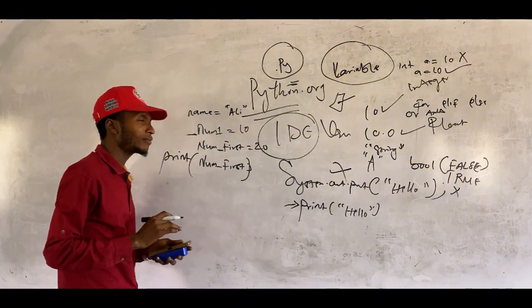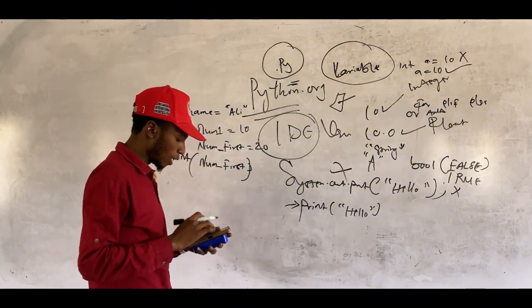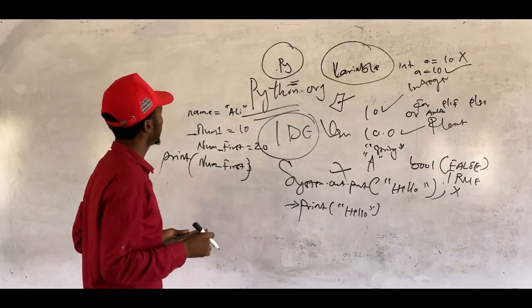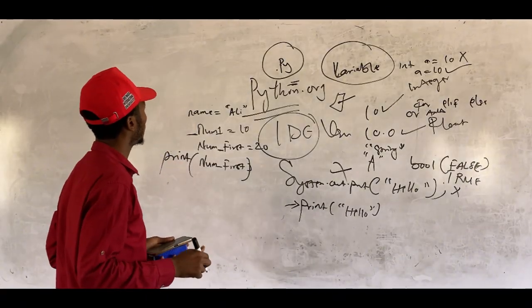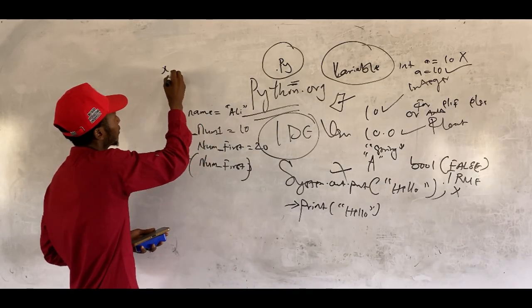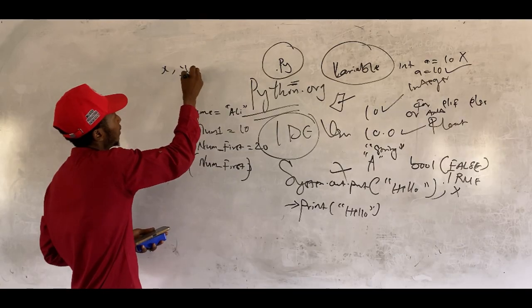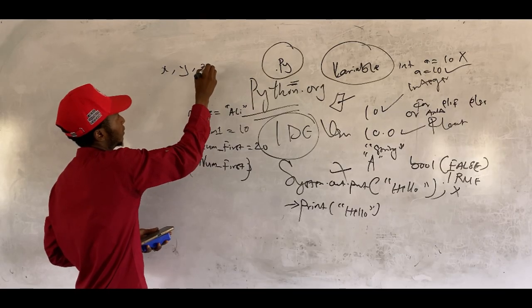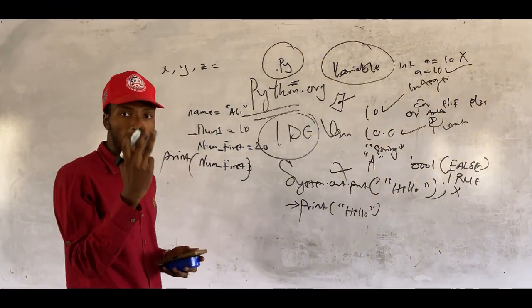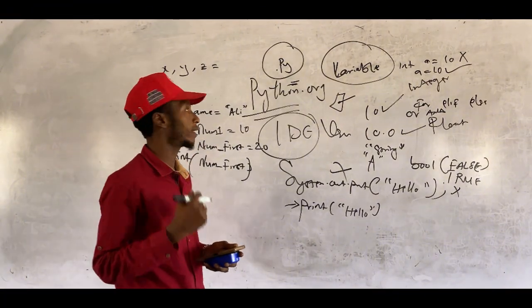Python also allows you to assign multiple values at the same time. What I mean by multiple values is you can have a variable x, a variable y, and another variable z. X, y, z. That means we have 3 variables declared.